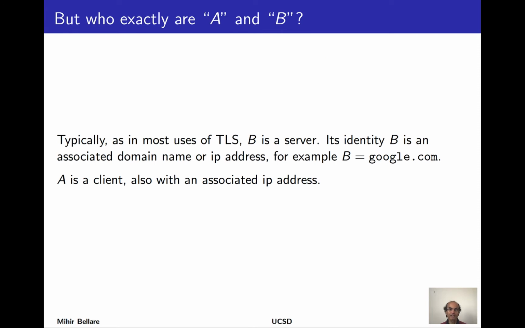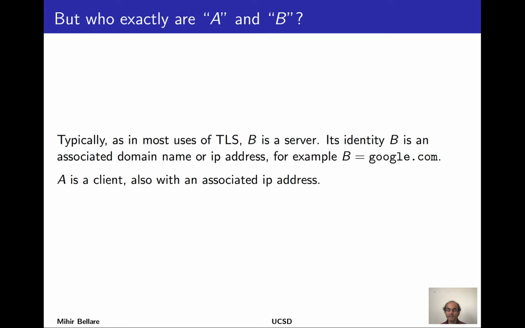Before we get further into that, we may want to ask a little bit, who or what exactly are A and B? Well, there are of course many different possibilities, but most commonly B is a server, for example a TLS server, and it has an identity which might be a domain name or IP address.